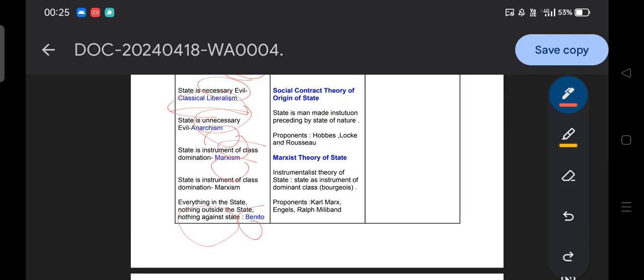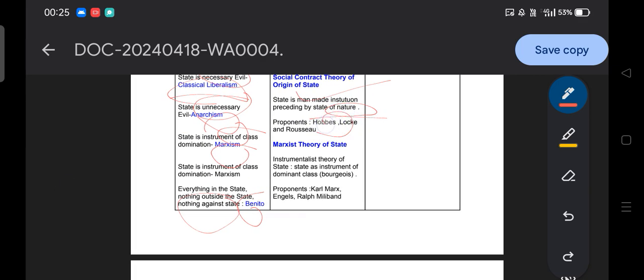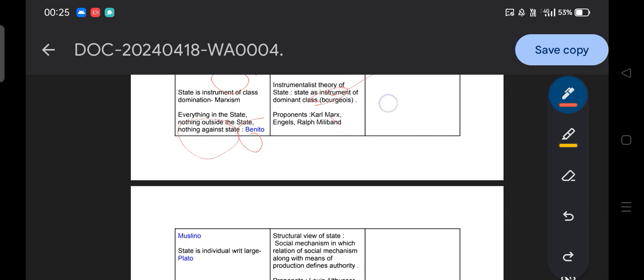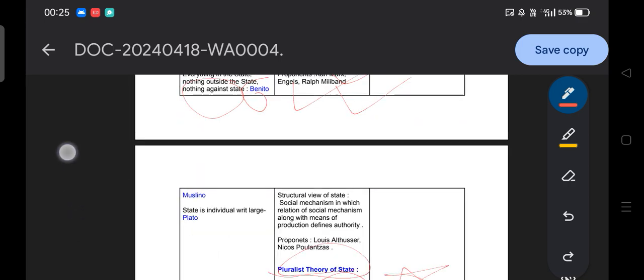Social contract theory: the state is a man-made institution, people are its creators; Hobbes, Locke, Rousseau are social contract thinkers. Marxist theory, the instrumental theory, believes the state is an instrument of the dominant class; proponents Karl Marx, Engels, Ralph Miliband.